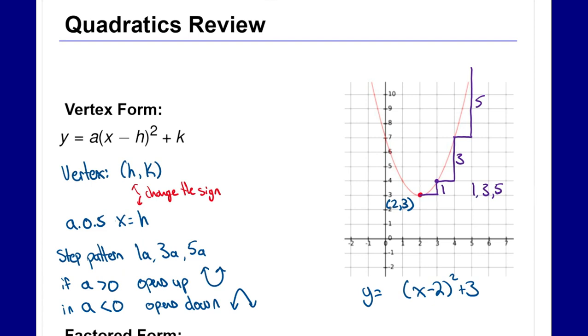And realistically, with the step pattern, all we need to find is the first step, and that will tell us the a value. So in this case, our a value is 1. We can also see the axis of symmetry. It is an imaginary line. In this case, it's x equals 2 that cuts our parabola in half.